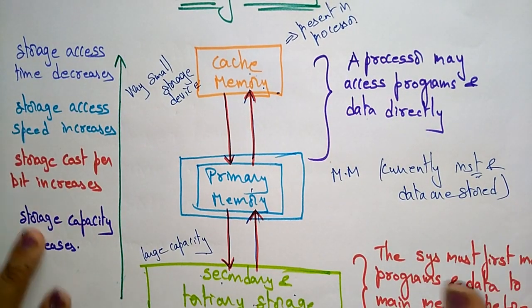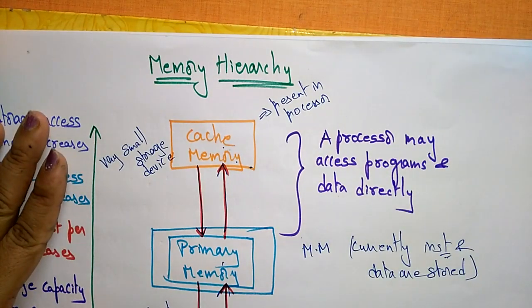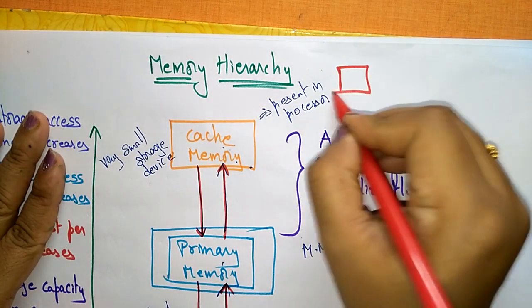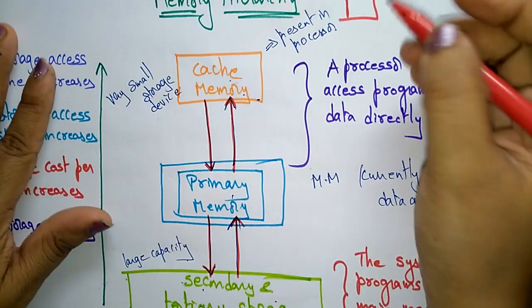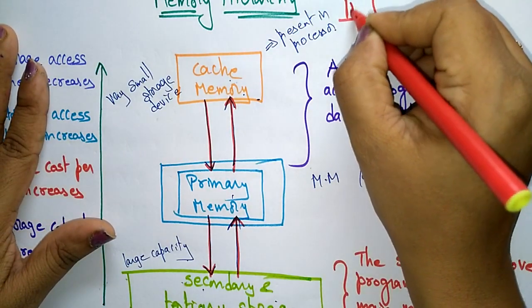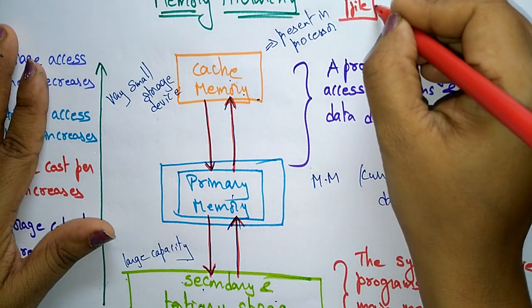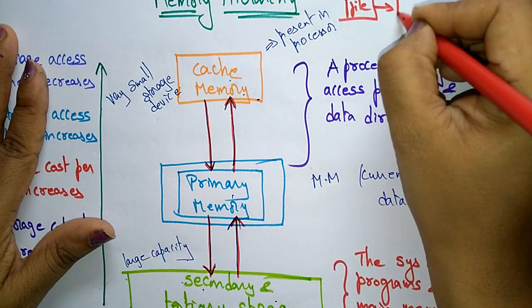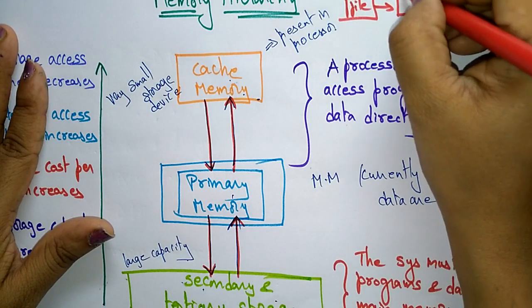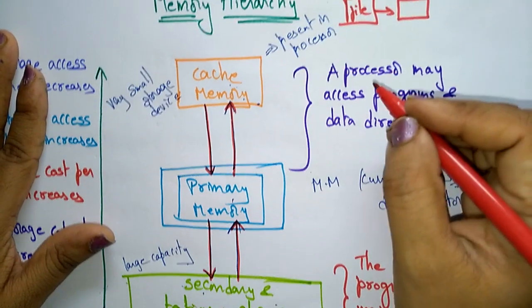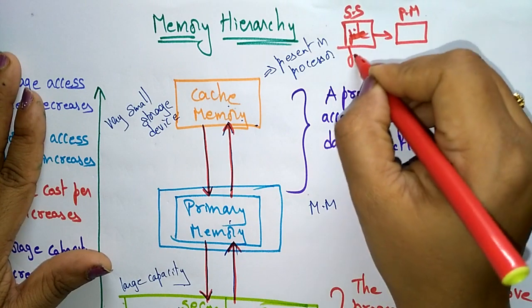The main thing you have to remember is that the secondary storage contains the complete file. That file will be transferred only to the primary memory. Suppose this is a folder.